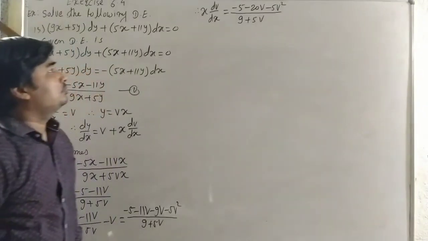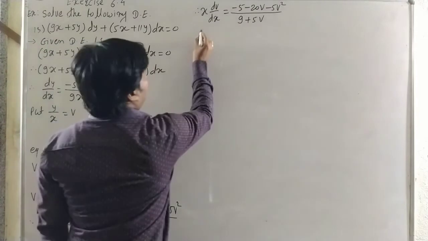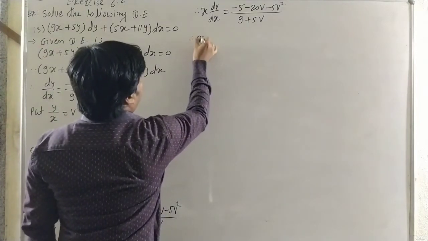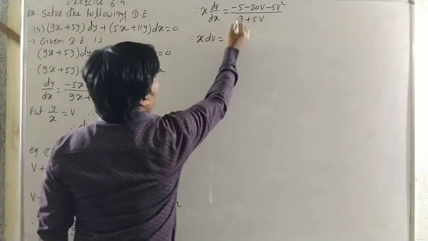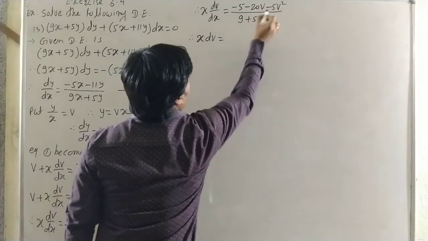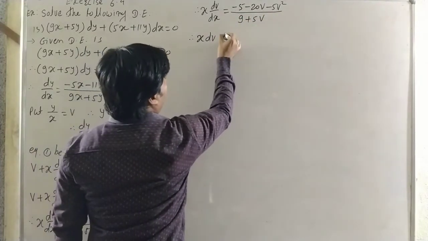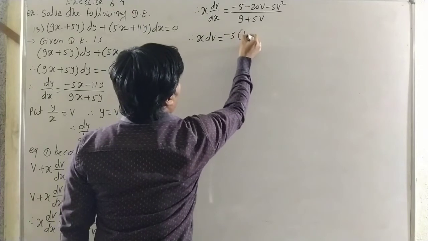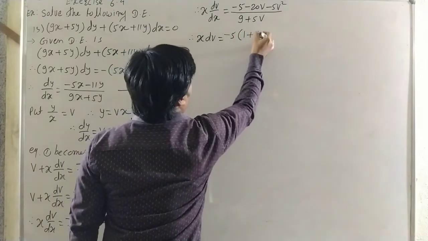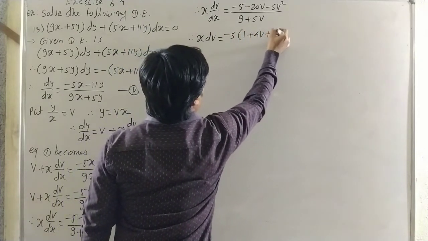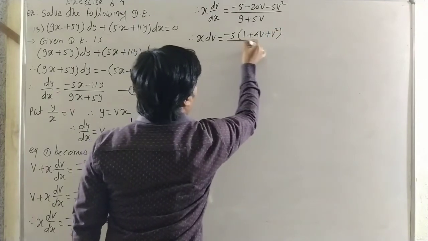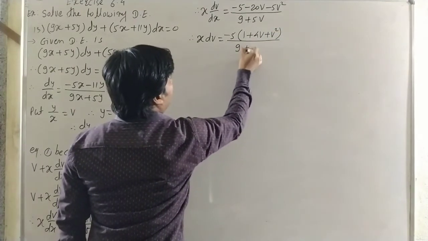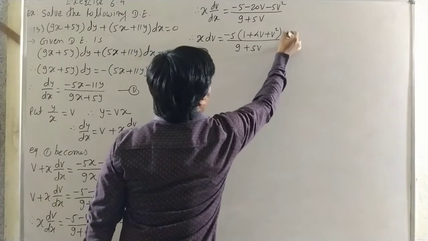See carefully this. Now here we can write x dv is equal to minus 5 common, then it is (1 + 4v + v square) upon (9 + 5v) dx.